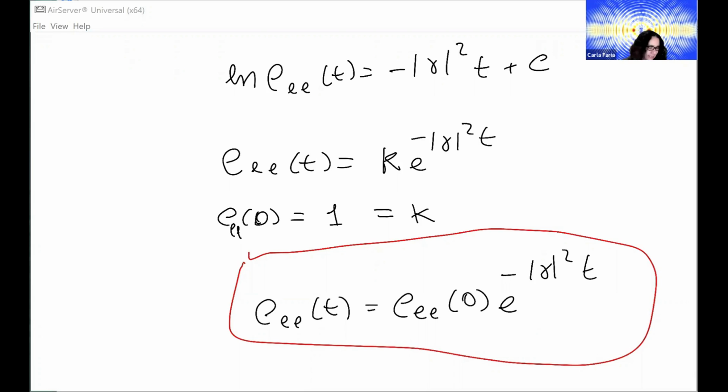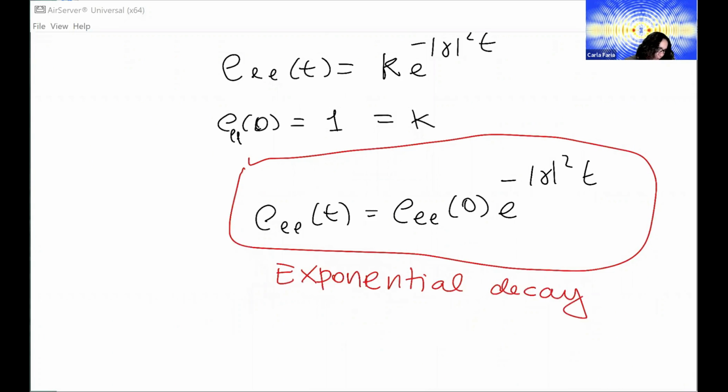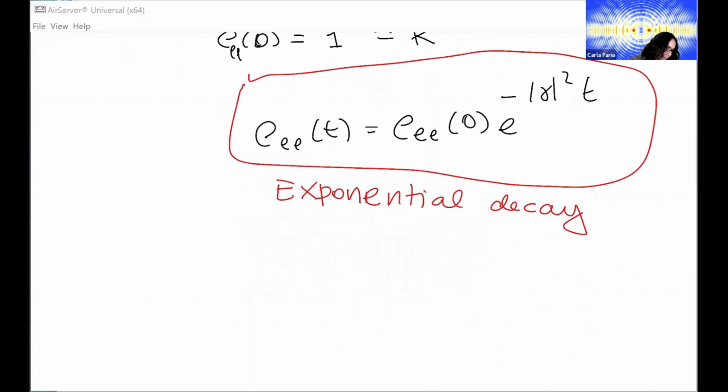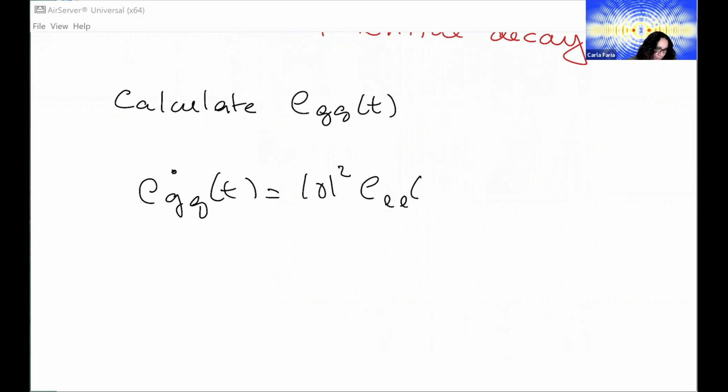So let's plug this in. So here we can clearly see an exponential decay. Now we're going to calculate rho_GG(t). Well, we have the expression, right? We know that rho_GG dot(t) is gamma squared rho_EE(t), but this we have calculated already.